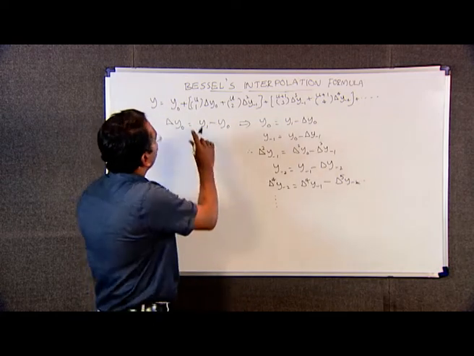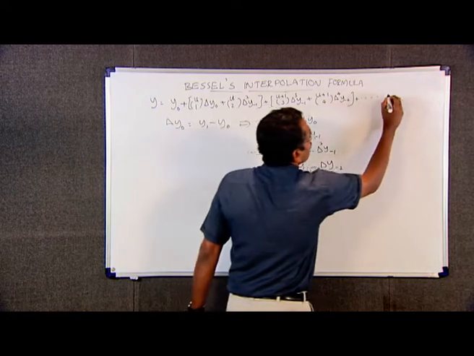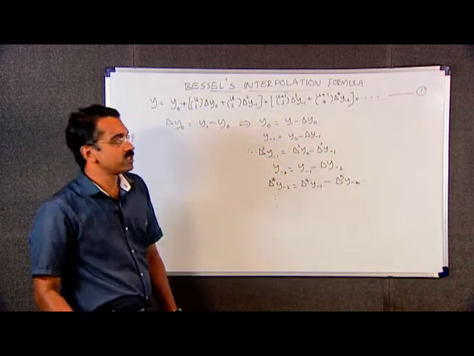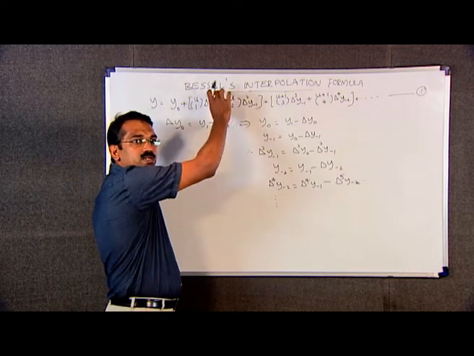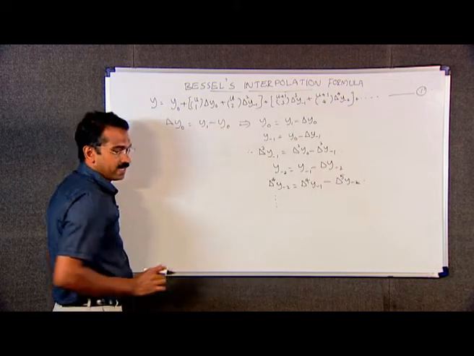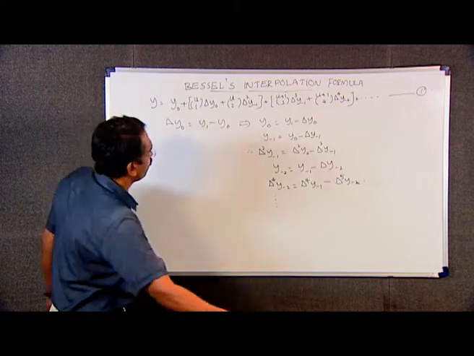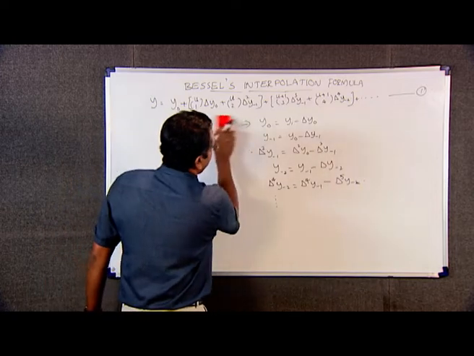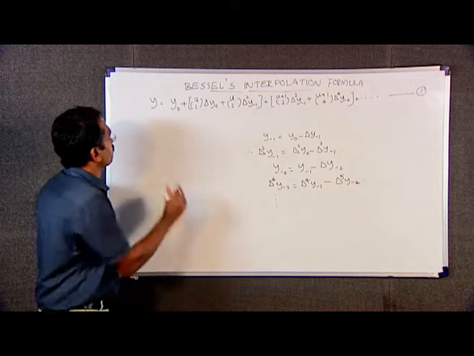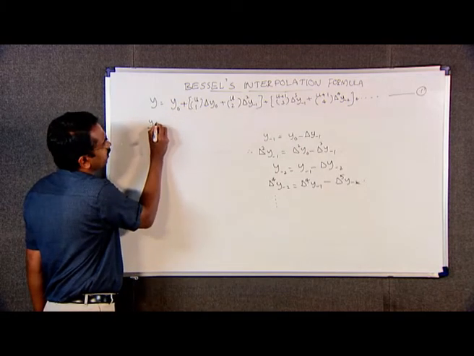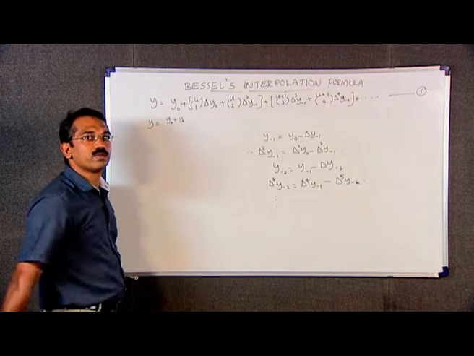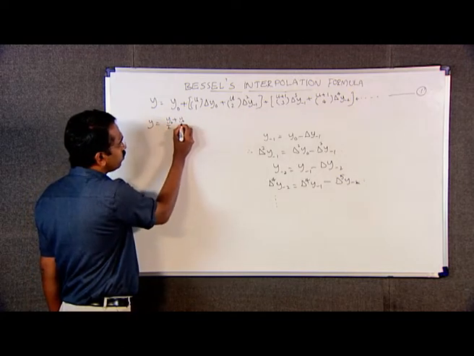Now, this expression is named equation number 1. We split the alternate terms into two equal parts. Then we can write y is equal to y0 plus y0, that is y0 by 2 plus y0 by 2.